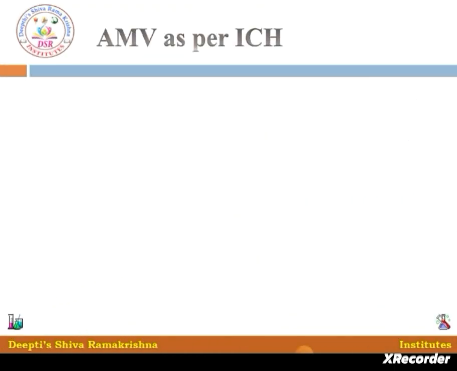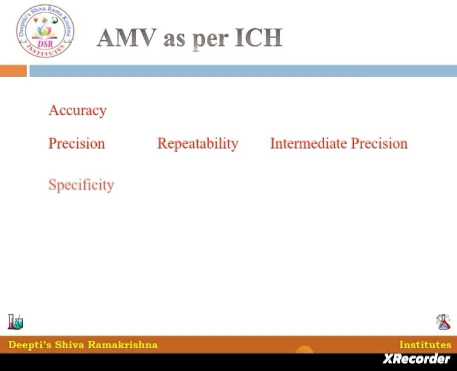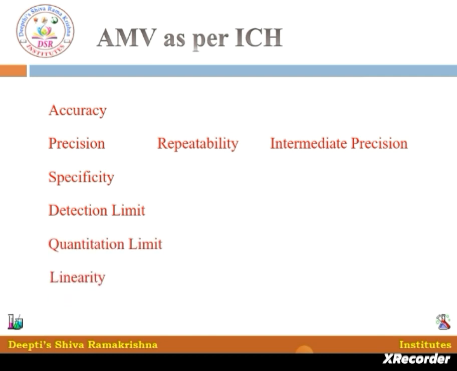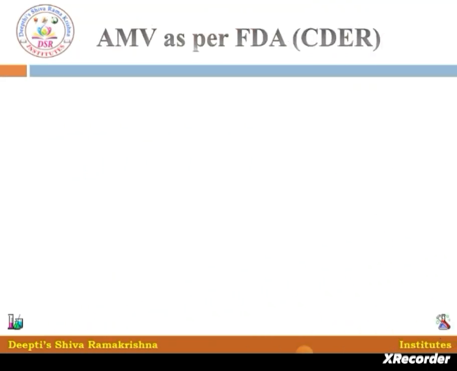As per ICH guideline, the parameters available are accuracy, precision, repeatability, intermediate precision, specificity, detection limit, quantification limit, linearity, and range. These are the parameters in ICH. The next guideline, FDA.